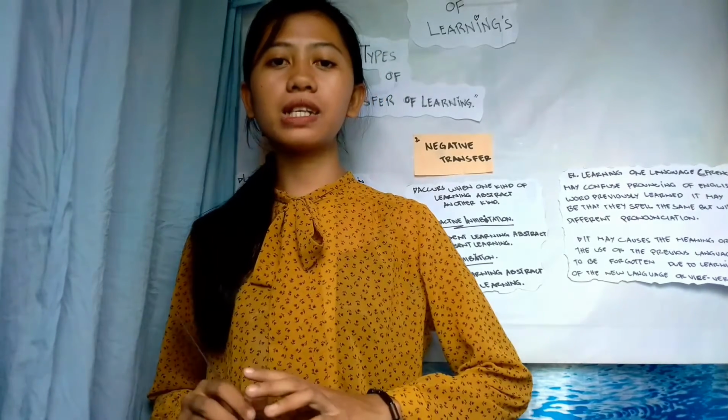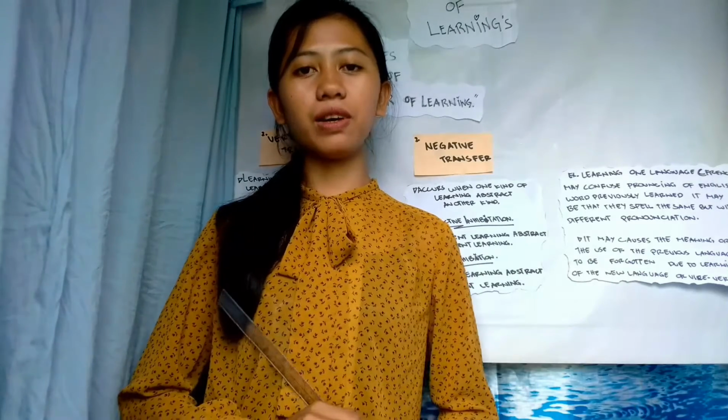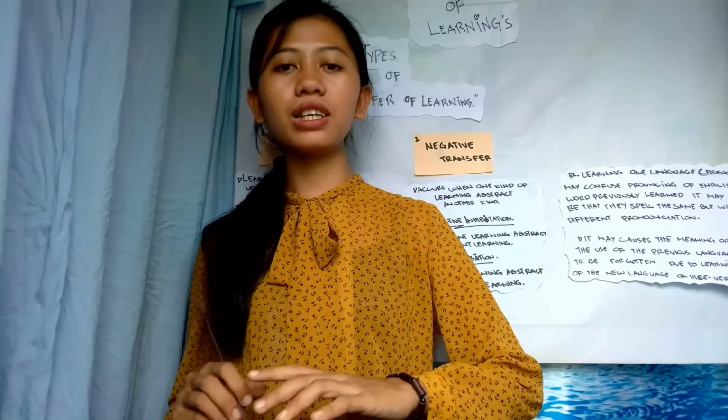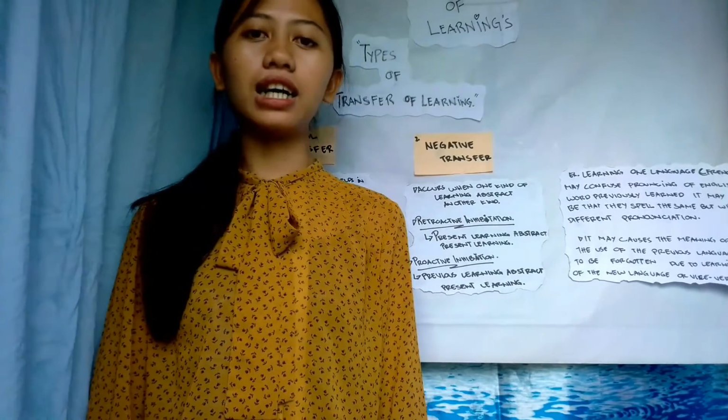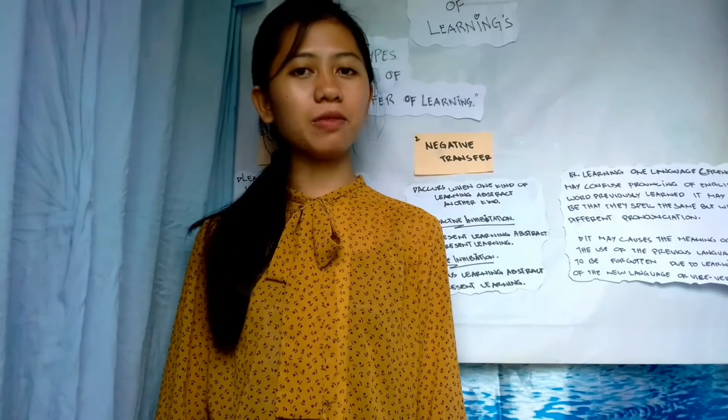So your learnings started from the first level before we proceed to the higher level, or your learnings from childhood can also be applied in adulthood. So that is the vertical transfer, the second type of positive transfer.